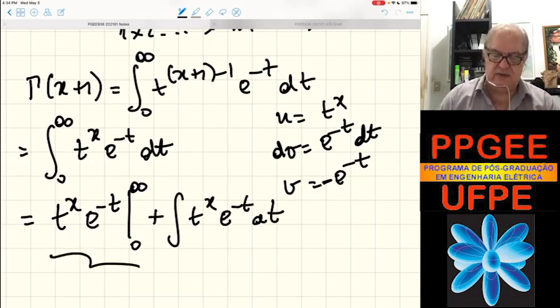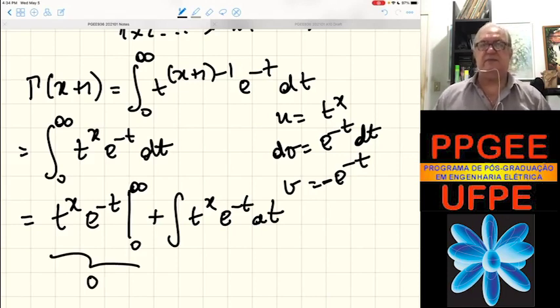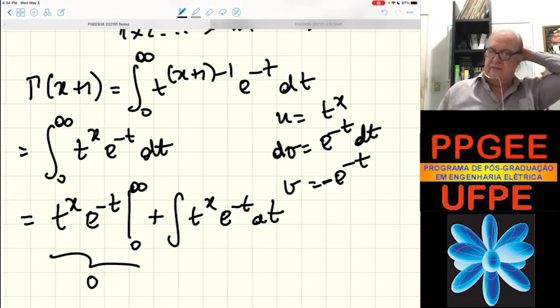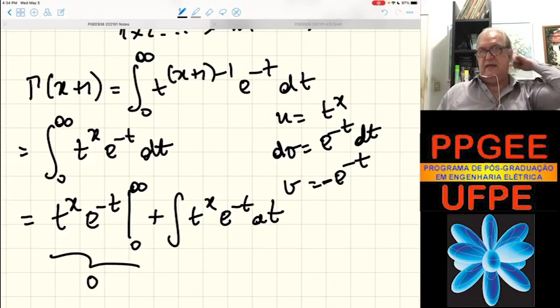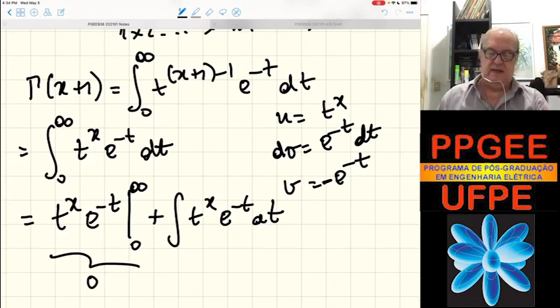This boundary term equals 0 because at infinity the exponential is 0, and that's 0 for positive powers of t, right? This is going to be 0 as well. So we're going to have gamma of, I think I forgot something.